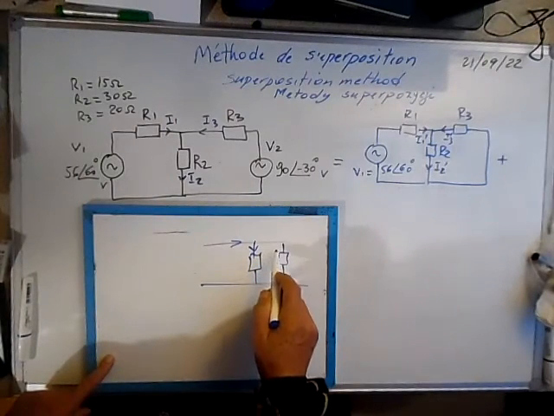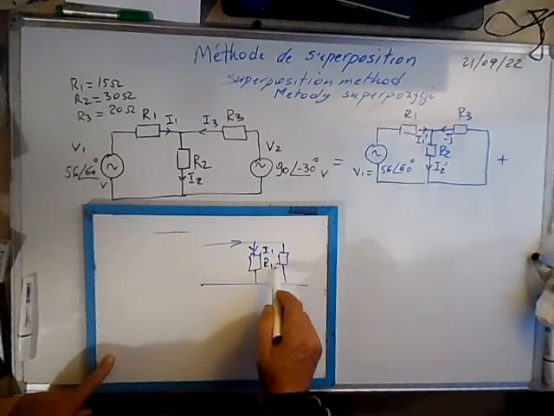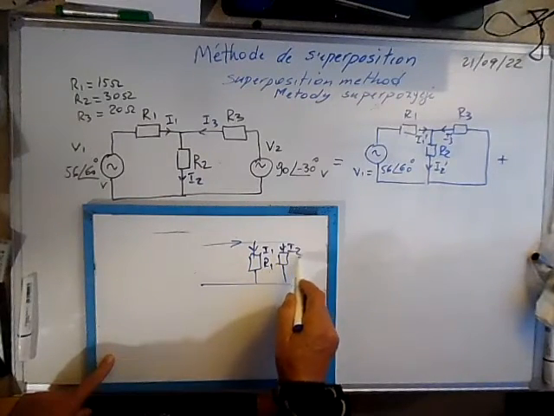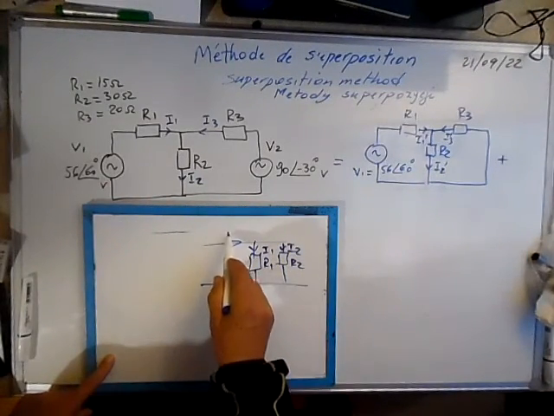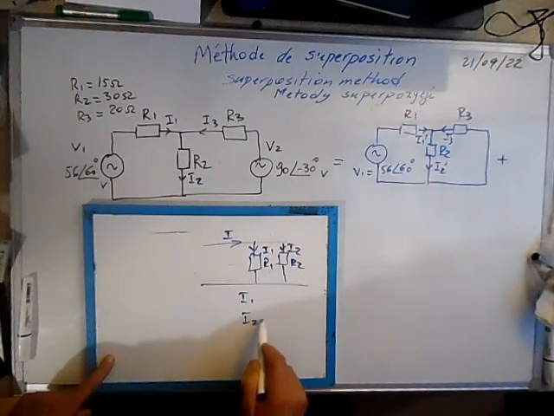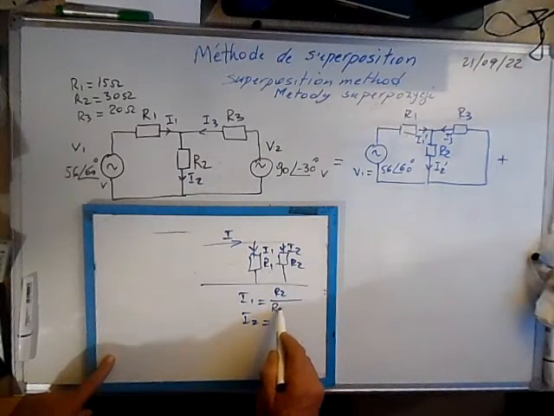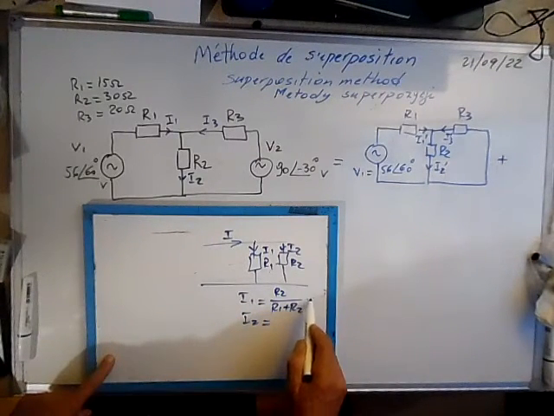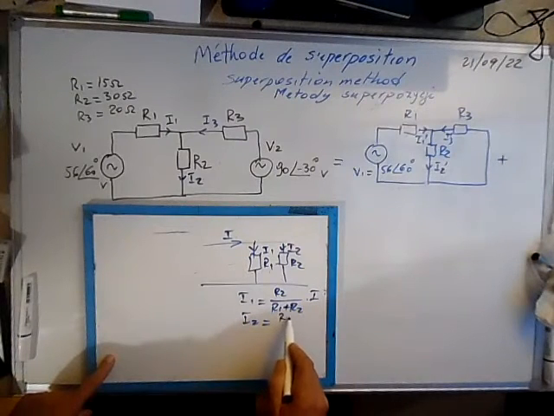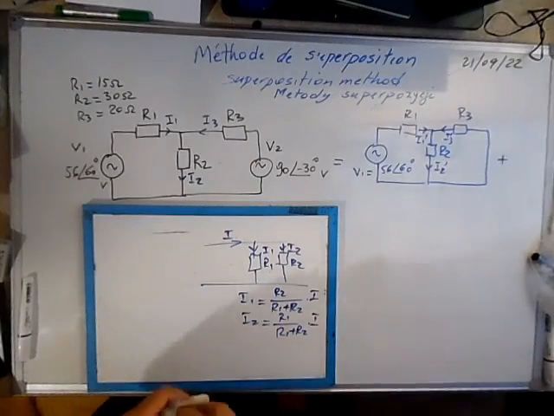If you have two resistors in parallel, with I1 here and I2 here, we can calculate I1 and I2 in function of the main current. I1 is R2 over R1 plus R2 times I, and I2 is R1 over R1 plus R2 times I. That's what we're going to use.